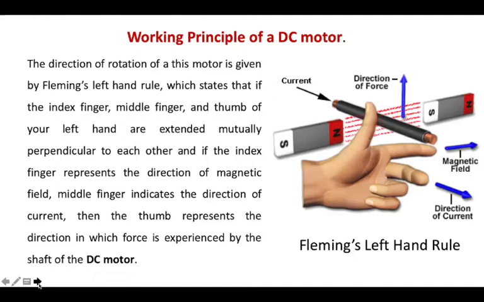You have to place your thumb, forefinger and middle finger at right angles to each other, the index finger pointing in the direction of the magnetic field, the middle finger in the direction of the current, and then the thumb will show you the direction of the force.